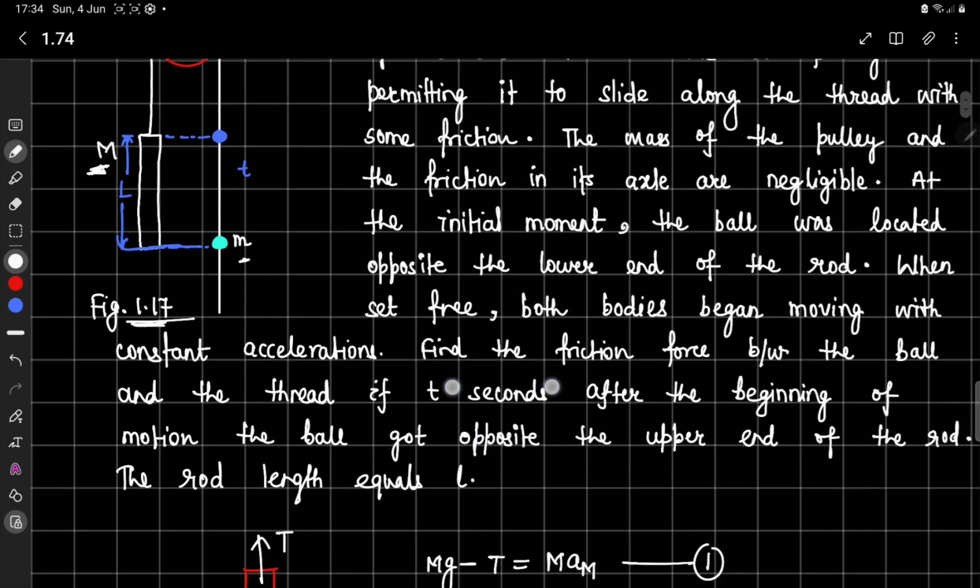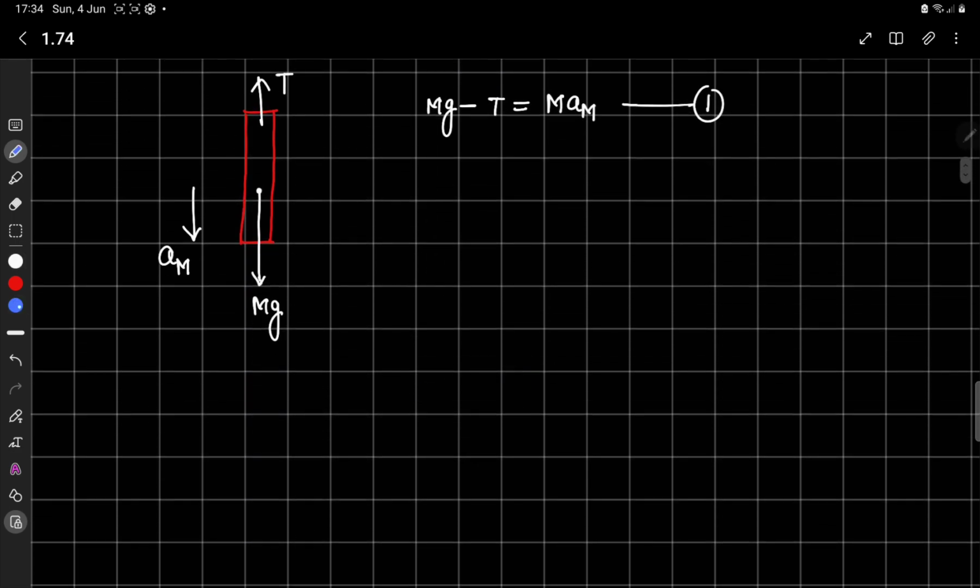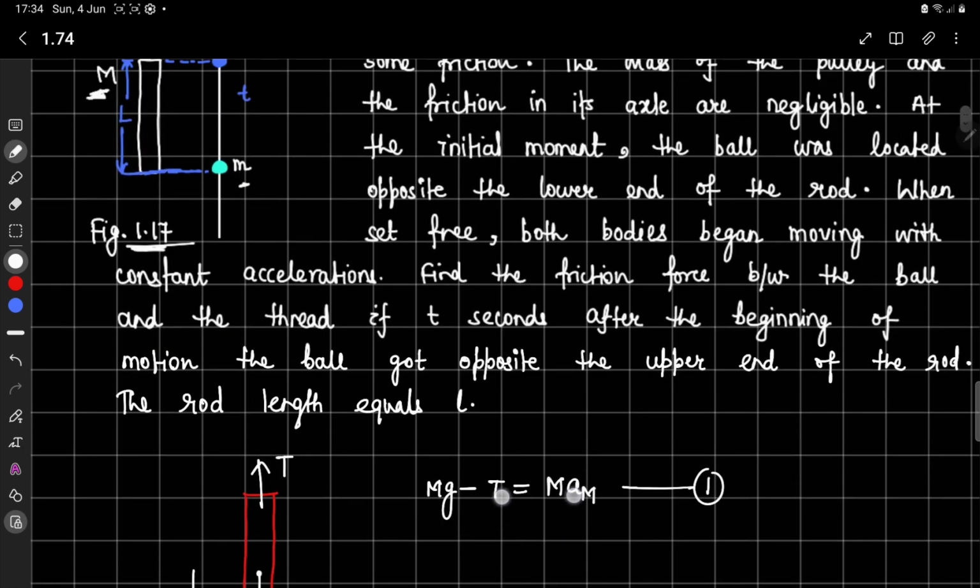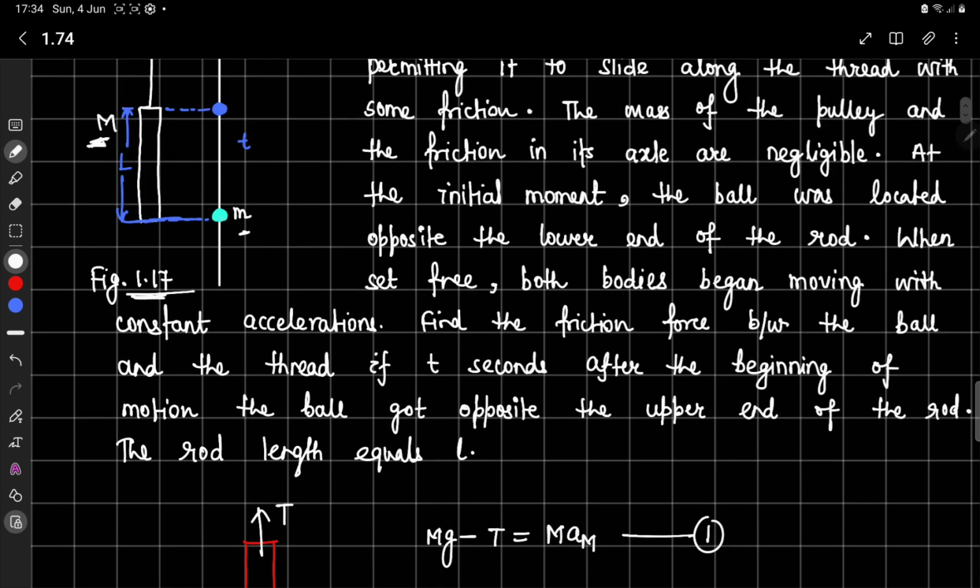Now let us draw the free body diagram of the ball. It has the gravitational force in the downward direction, small mg, and there is the friction between the ball and the thread.